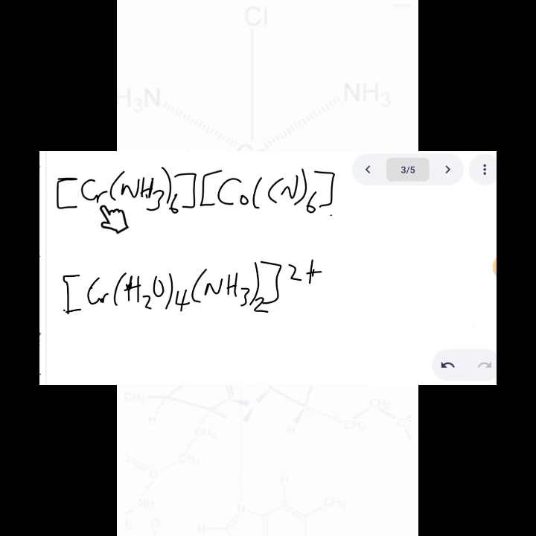In this example, we have to name the cationic part before naming the anionic part of the compound. So in naming the cationic part, we have hexaamine chromium 3.